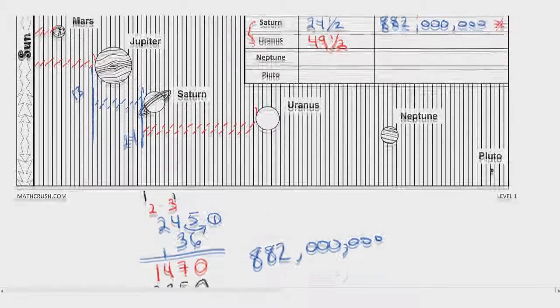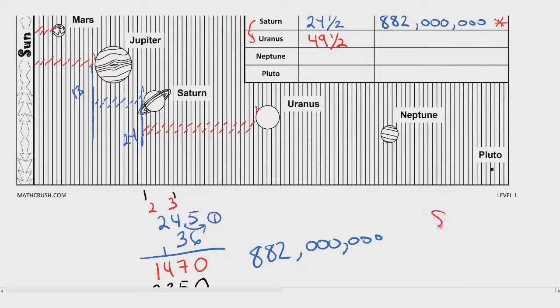So all I'm going to do is 882 plus 882. 8 plus 8 is 16. Carry the 1. 8 plus 8 is 16, plus 1 is 17. So we get 1764.